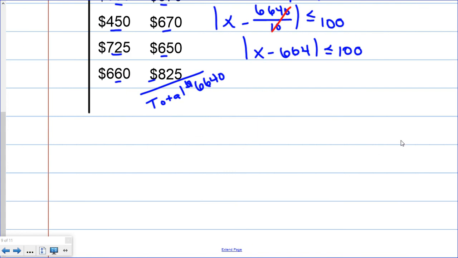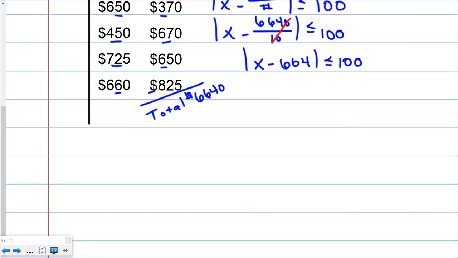So in this problem, not only are we having to make our own equation, but we're having to solve it as well. Let's scoot on down here, and we're going to split this off. We have x minus 664 is less than or equal to 100. This is less than, so it is an and problem. And then we have x minus 664 is greater than or equal to negative 100.